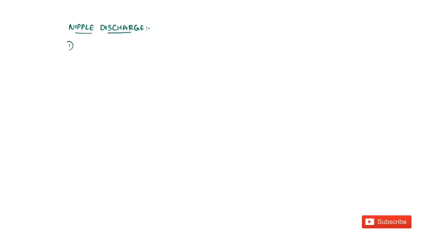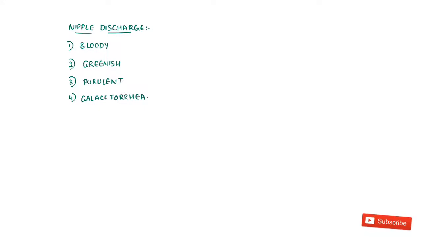The first one is bloody discharge, the second is greenish discharge, third is purulent, and the fourth one is galactorrhea. These are the main four conditions which we have to remember under the section of nipple discharge.